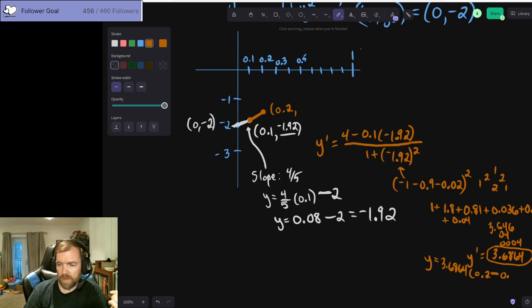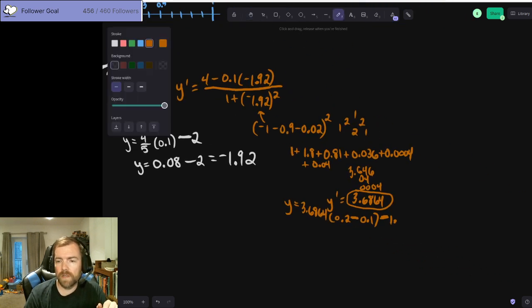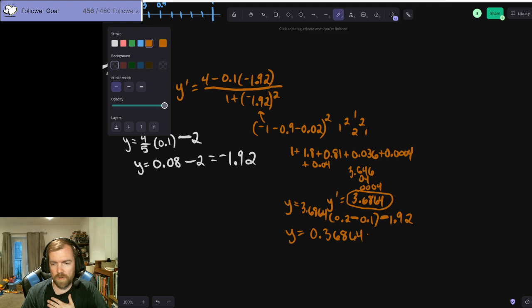So this is going to be 0.2 minus 0.1, our difference in x, and then we're going to subtract 1.92. Apologies, my stuff's in the way. So y equals, this was 0.1 of a difference, so 0.36864 minus 1.92 is going to be a negative 1.55.